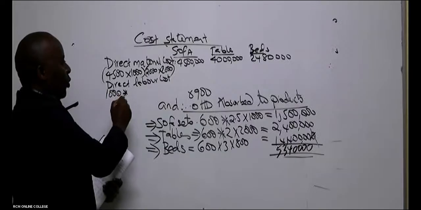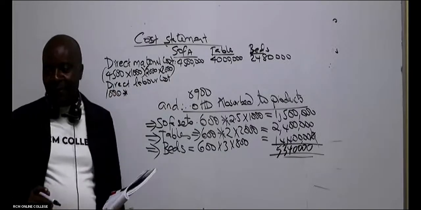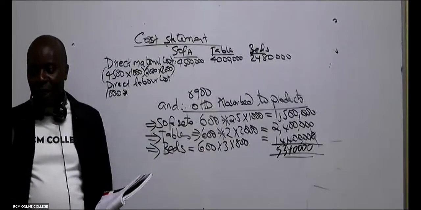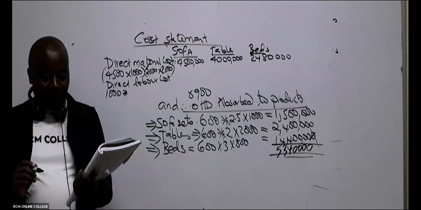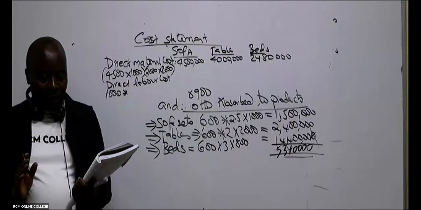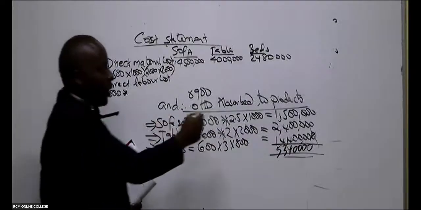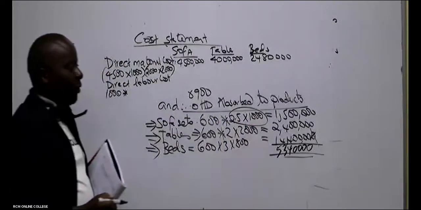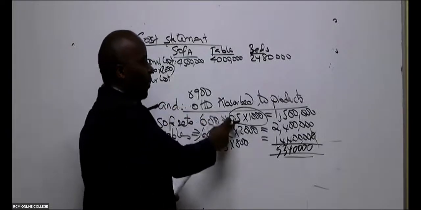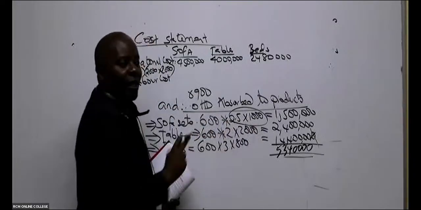And how many hours do we need for the sofas? Anybody who is able to give me the total number of hours we need for the sofas? Already we have those hours somewhere, isn't it? Because each sofa is 2.5 and we're going to produce 1,000.